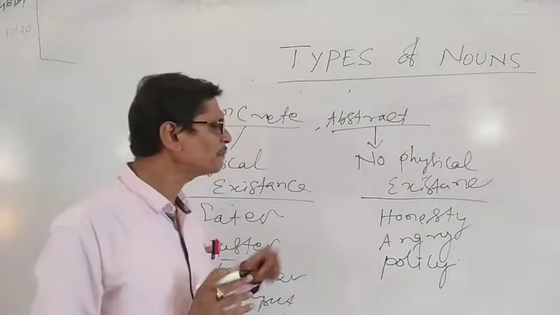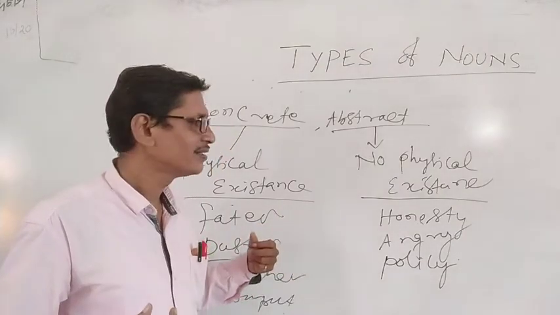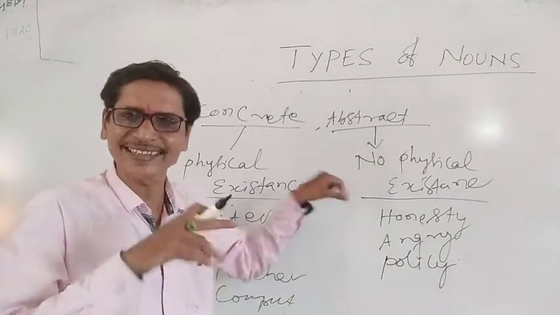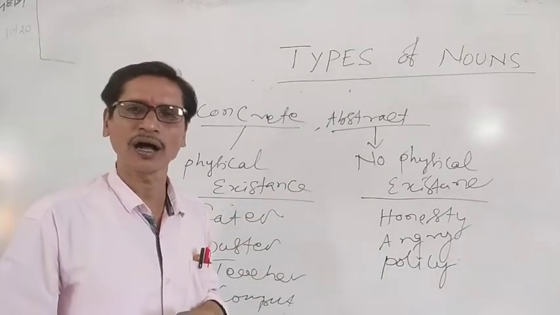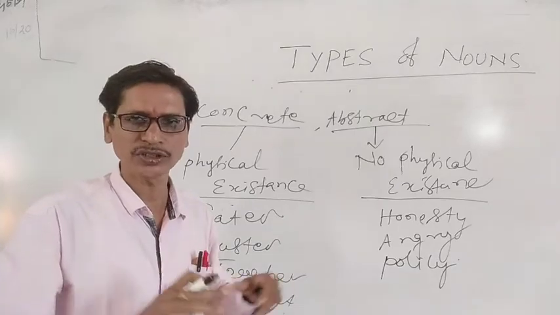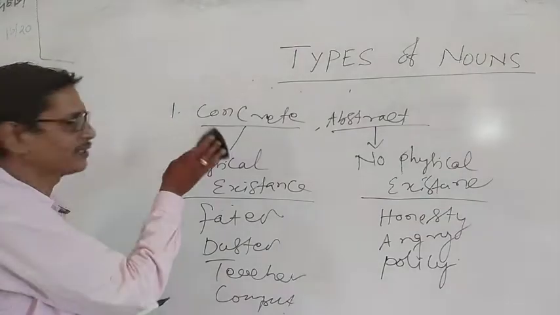These are some nouns which we can't see. They do not physically exist. Therefore, they are called abstract nouns. Understood? Next, let's discuss the next type of nouns.